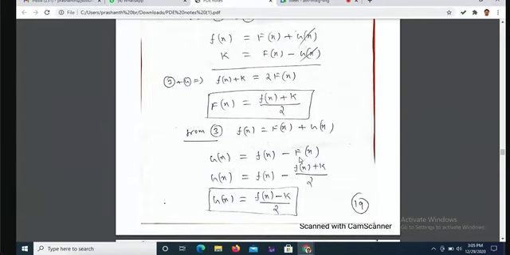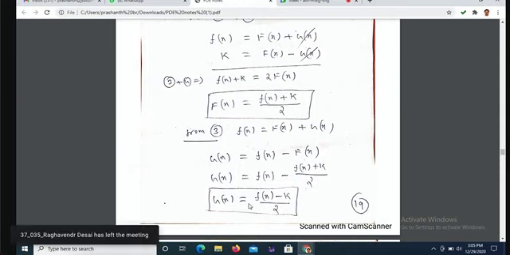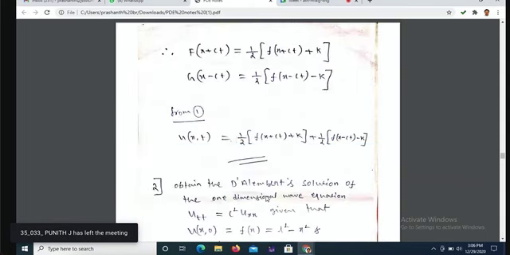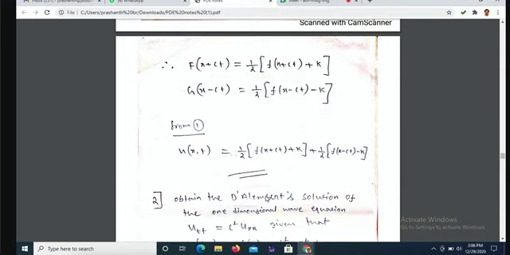If you substitute x plus ct, you have to substitute f of x plus ct plus k by 2 here also. If you have taken G of x is f of x minus k by 2, then in the place of x you put x plus ct, so here also you will get f of x plus ct minus k by 2. Finally, we get F of x plus ct is this one, and G of x plus ct is this one.